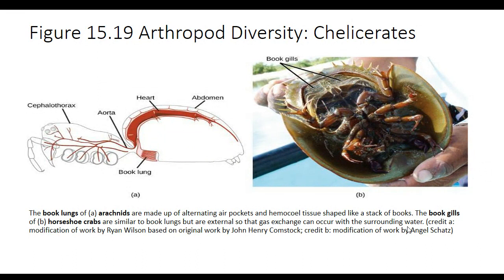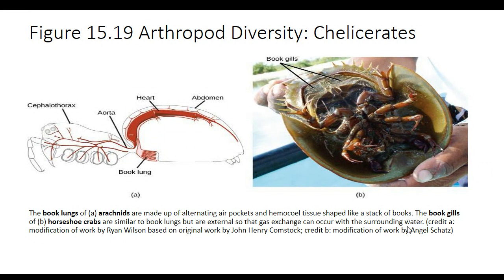A spider has just 2 body segments, called the cephalothorax, like the head and the thorax. If this were an insect, it would have a head, a thorax, and an abdomen. But in a spider, the head and thorax are combined into one segment called the cephalothorax.